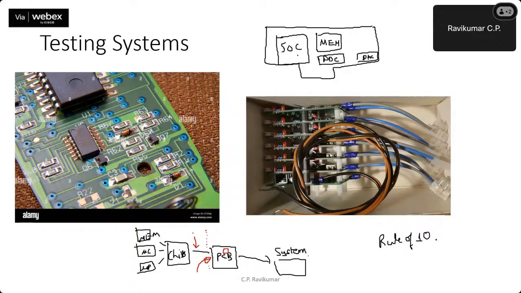Suppose the cost of testing the chip at the IC level is X. Then imagine that the faulty chip has gotten into the PCB, and now many PCBs are made in large quantities, right? People make PCBs in thousands and tens of thousands, because they want to sell these end products to a large number of customers.